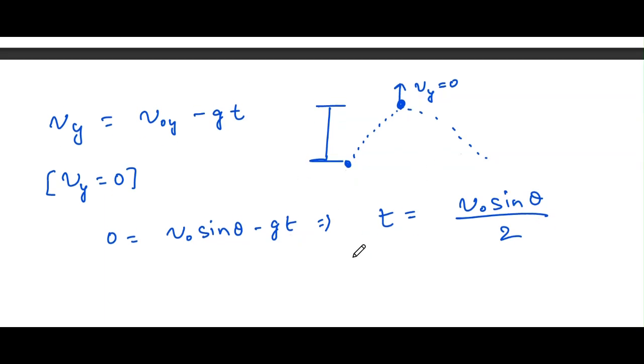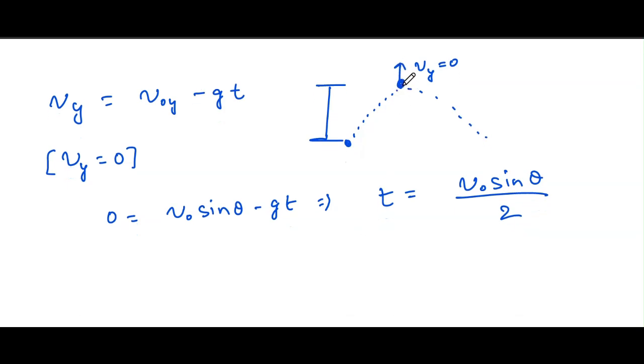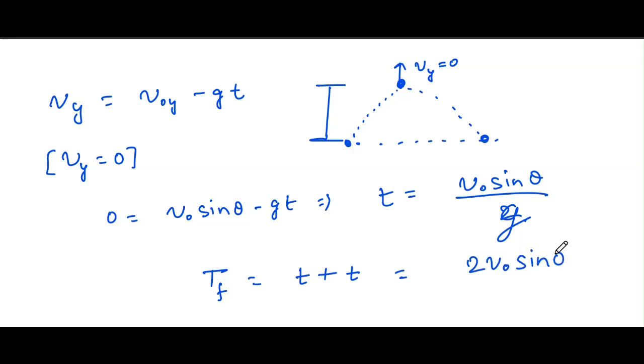And then after reaching maximum height, when this body starts descending downward, it will take the same time to reach the same level. So time of flight is nothing but the time of ascent plus the time of descent. These two times are equal. So this will be 2 v naught sin theta by g. This is the time of flight, meaning the time during which the projectile is in air.